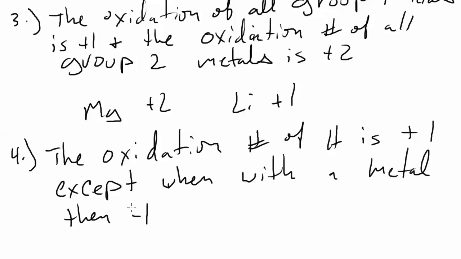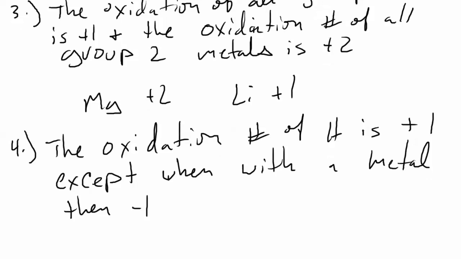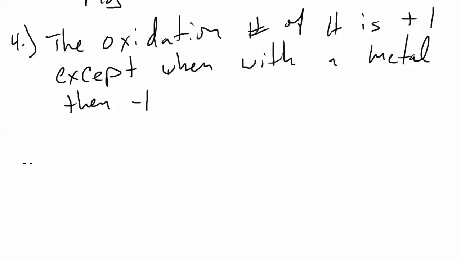And the only exception that rarely happens, to be honest, is hydrogen with a metal. At that point, it's going to be the ion hydride, and it's going to be -1. So hydrogen's a pretty easy one. It's almost always +1. So next we're going to do oxygen.